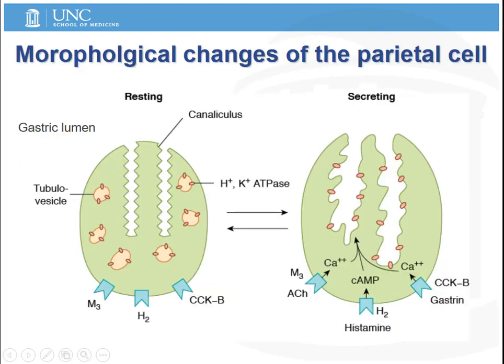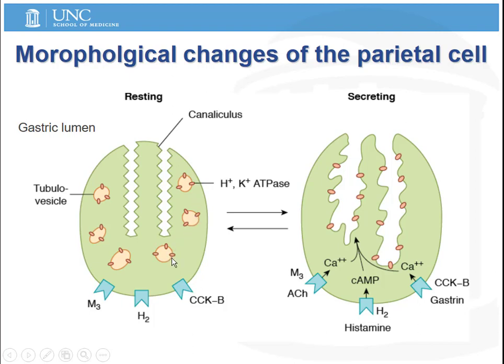The parietal cell changes configuration as it goes from a resting state to an active secreting state. So in this resting or basal state, the rate of acid secretion is low. That's because at rest, most of the hydrogen-potassium ATPases, also known as proton pumps, that are responsible for pumping acid into the lumen, are sequestered in tubulovesicles inside the cytoplasm of the cell.